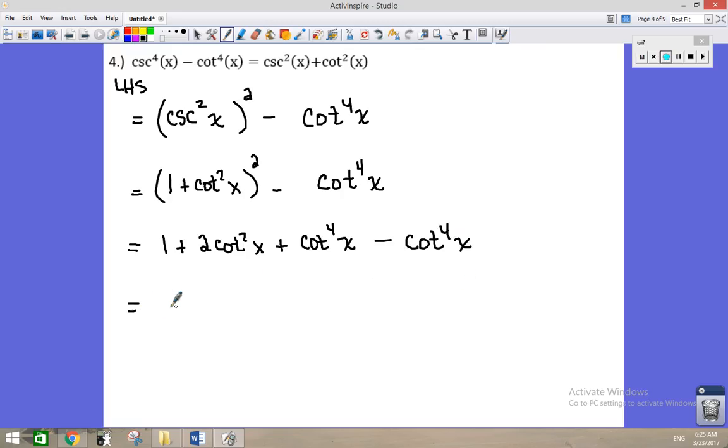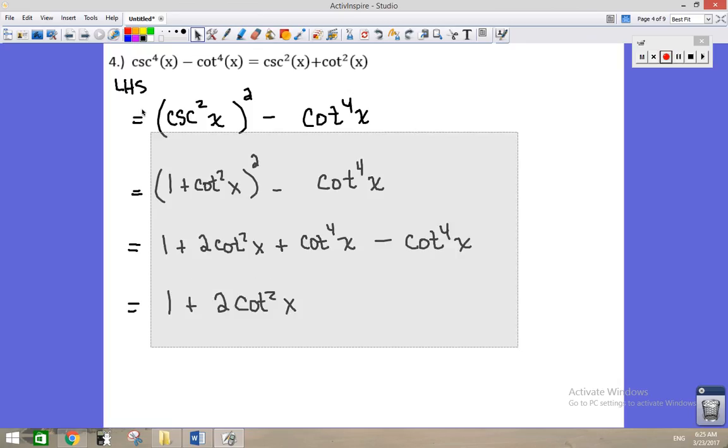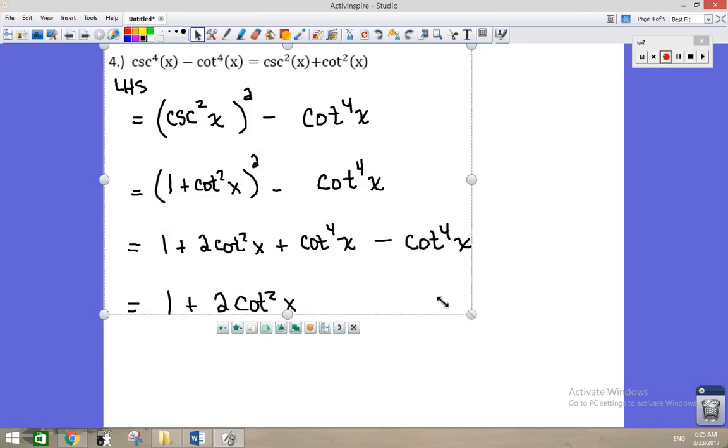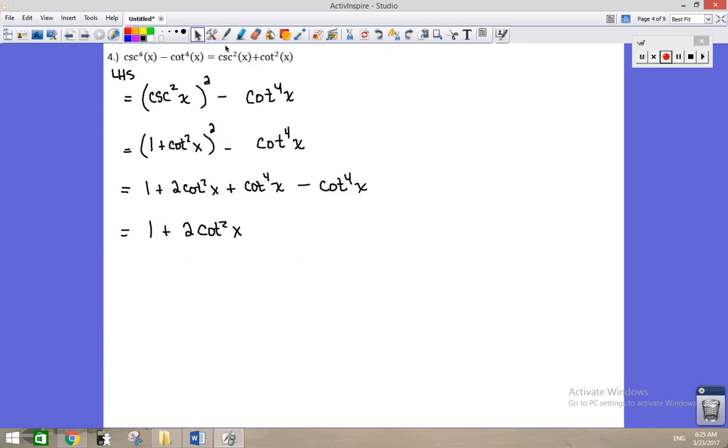So I have 1 plus 2 cotangent squared of x. Now, what if I know that cotangent squared of x plus 1 is equal to cosecant squared of x?